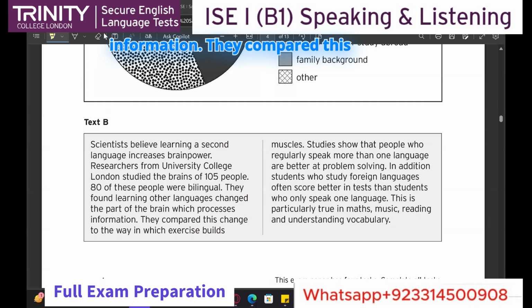They compared this change to the way in which exercise builds muscles. Studies show that people who regularly speak more than one language are better at problem solving. In addition, students who study foreign languages often score better in tests than students who only speak one language. This is particularly true in maths, music, reading, and understanding vocabulary.